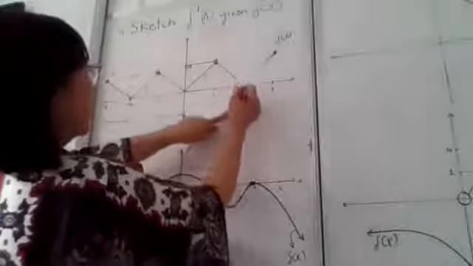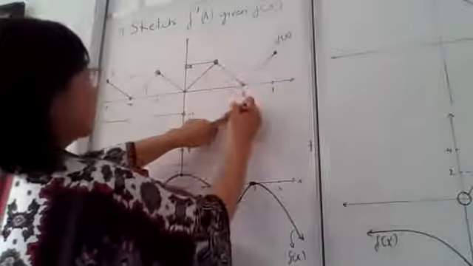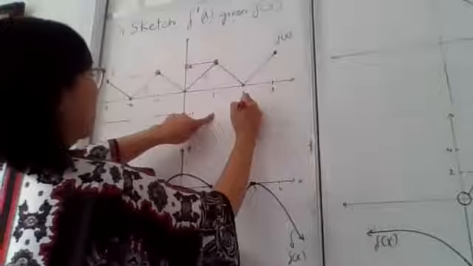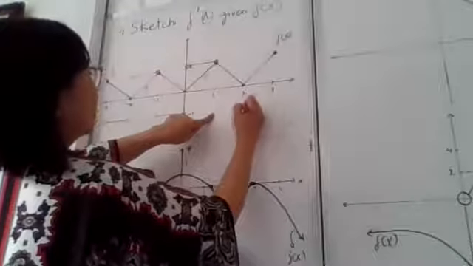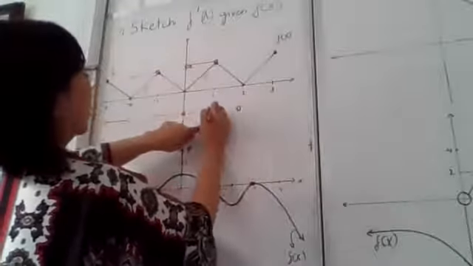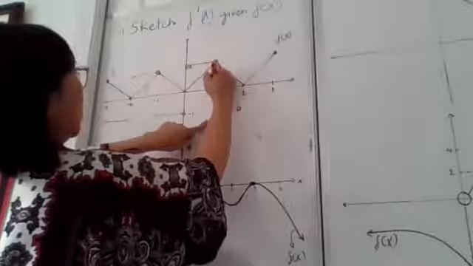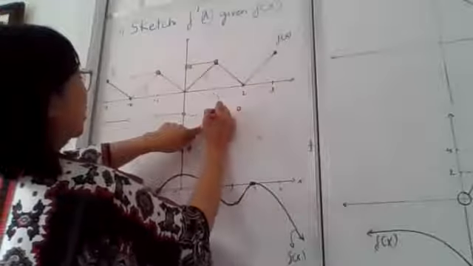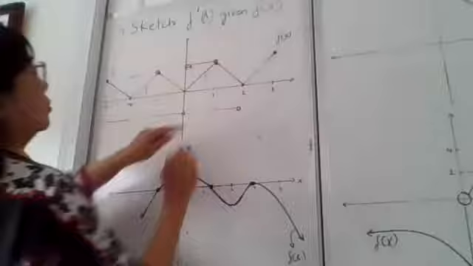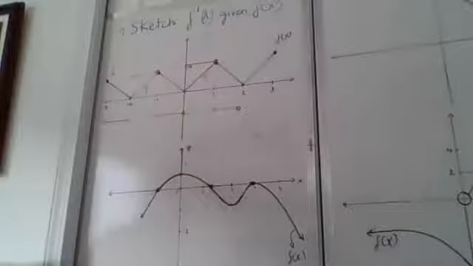The same thing happens here. This is a negative slope, so we have -1 from this point, so we have this line.